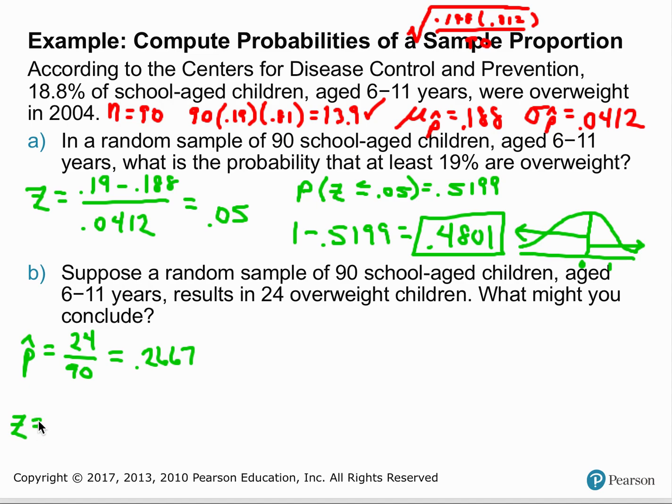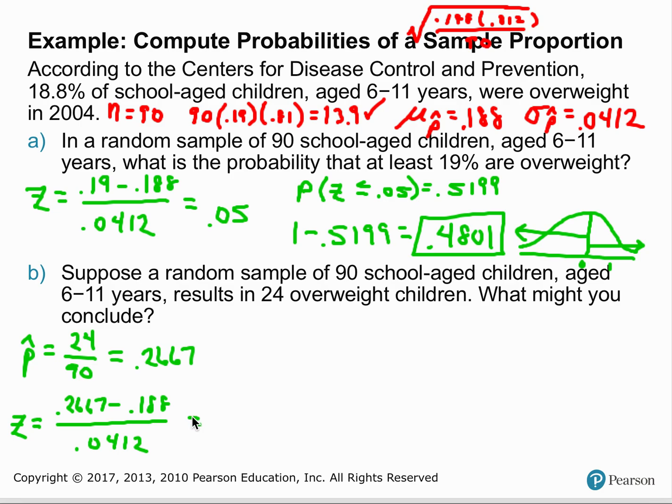Okay, so then I just do the same thing. Find my z-score for that. Minus the mean. Divide by the standard deviation. And we find out that that is 0.2667 minus 0.188 divided by 0.0412.